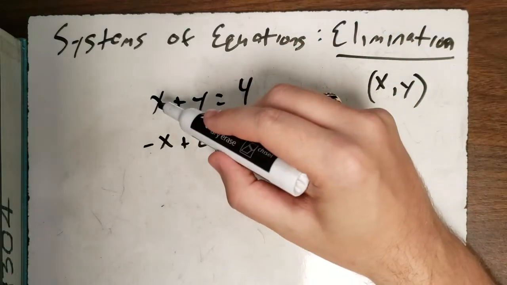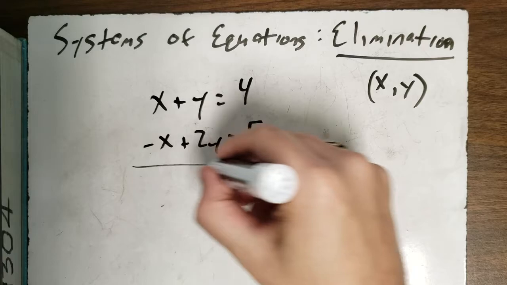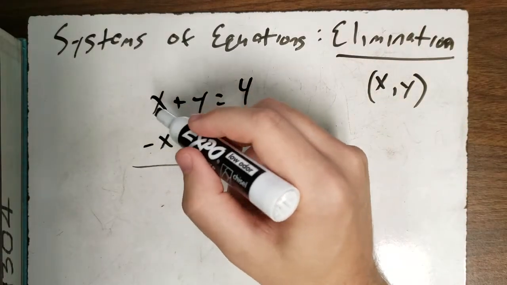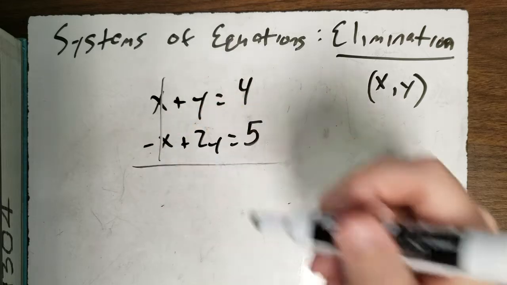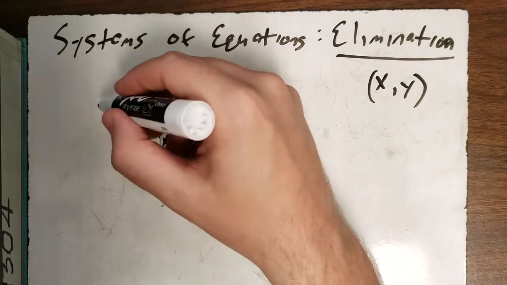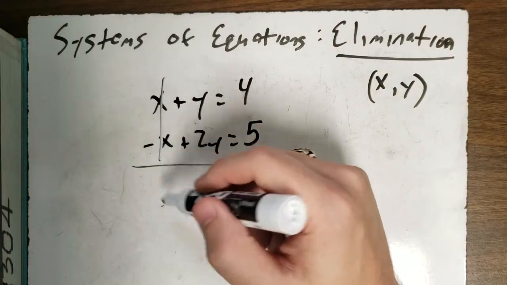We have positive x and negative x. When we add everything straight down, these two cancel out to nothing.